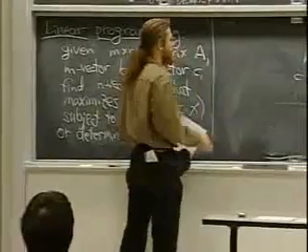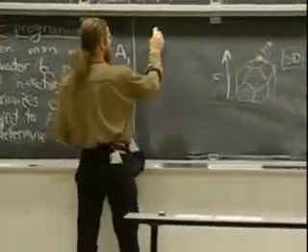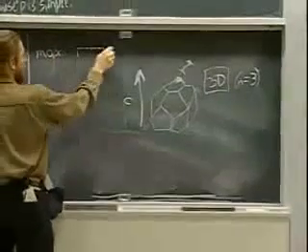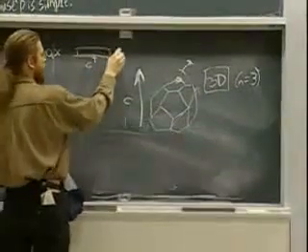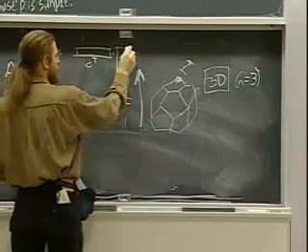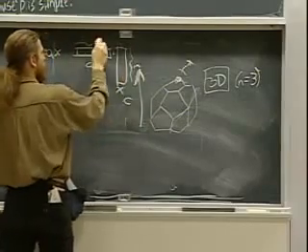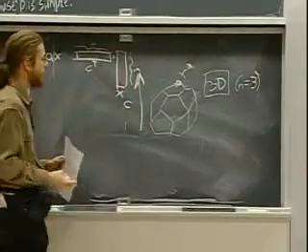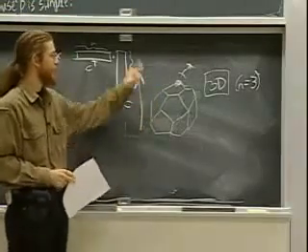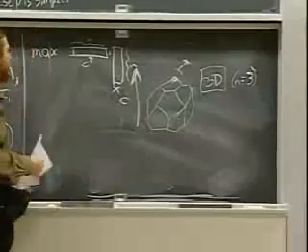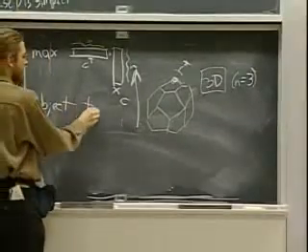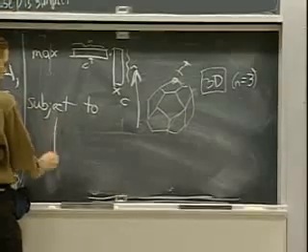If you prefer the algebraic view, you want to maximize this c transpose times x. So this is n, this is n. Check that the dimensions work out. That's saying you want to maximize the dot product. You want to maximize the extent to which x is in the direction c. And you want to maximize that subject to some constraints, which looks something like this.